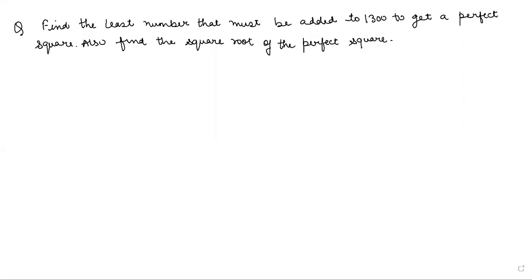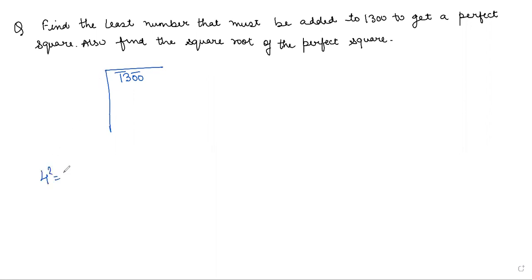Next question, find the least number that must be added to 1300 to get a perfect square. Also find the square root of the perfect square. So first find the square root of 1300 by division method. Make the pair. So think of a number whose square is less than or equals to 13.